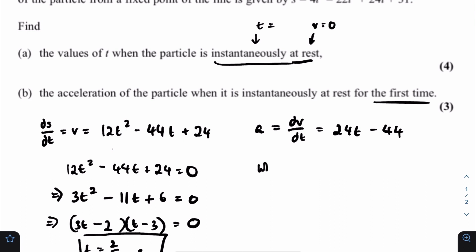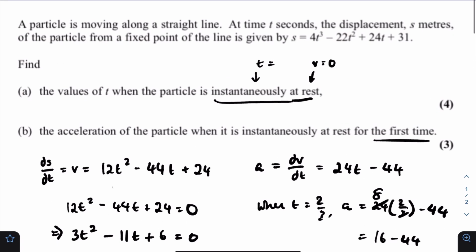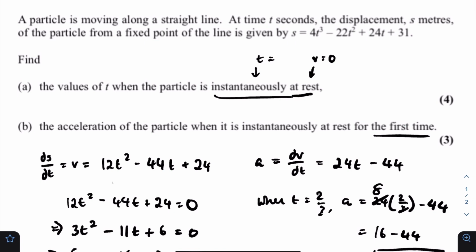So when t equals 2 over 3, a equals 24 times 2 over 3 minus 44. If you cancel out the 3 and 24, you get 8 times 2, so it's 16 minus 44, which equals negative 28. Don't forget the units, which is meters per second squared. So that's the acceleration, which means it's decelerating at that point.